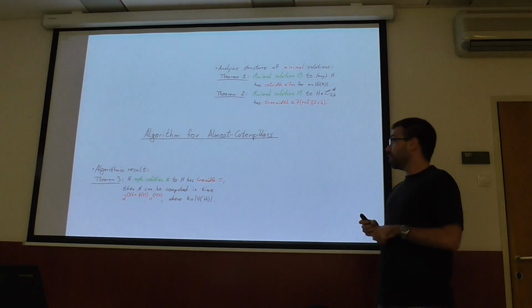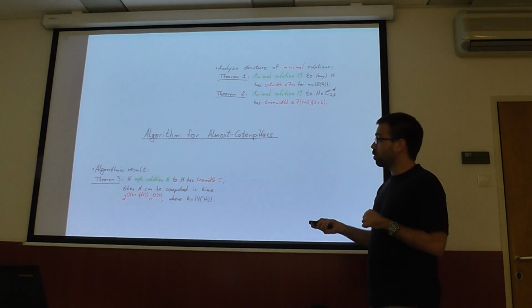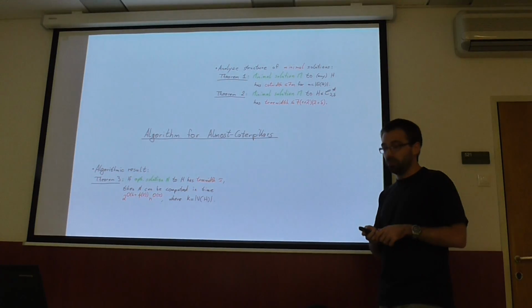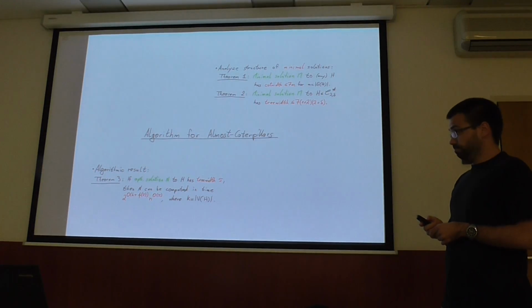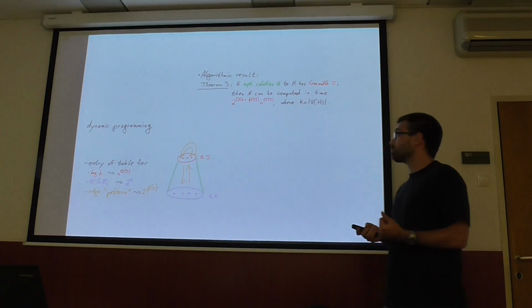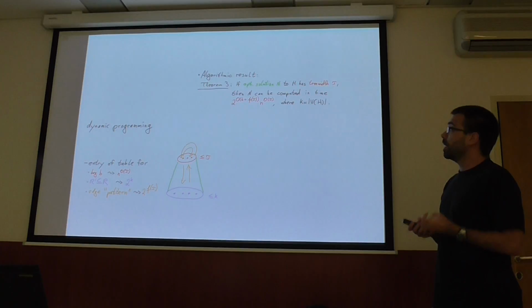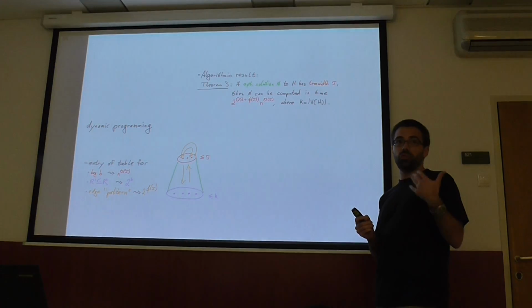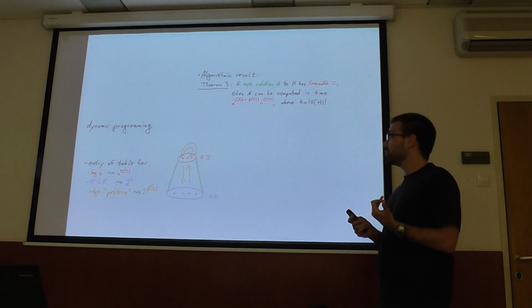Okay, so now what I want to do is to give you a brief idea how we obtain this term for the running time. And here, as I said, we rely on dynamic programming. The main idea is to guess the tree decomposition of the optimum solution.